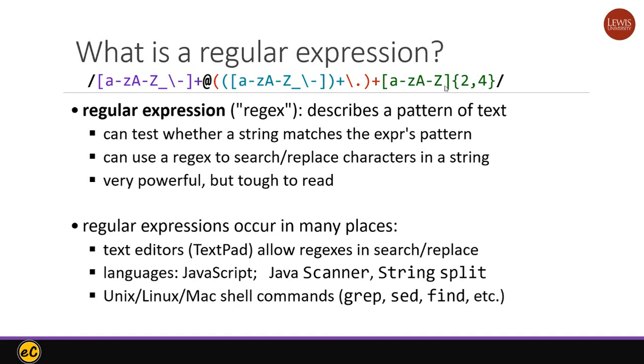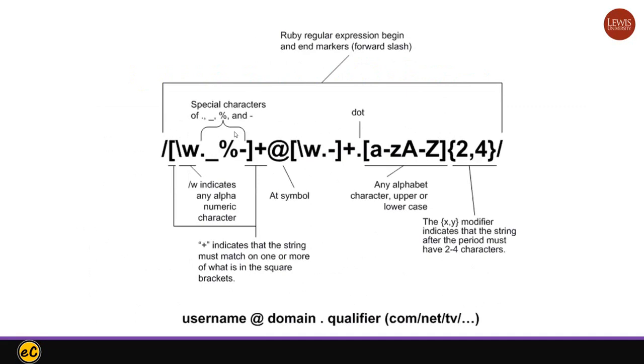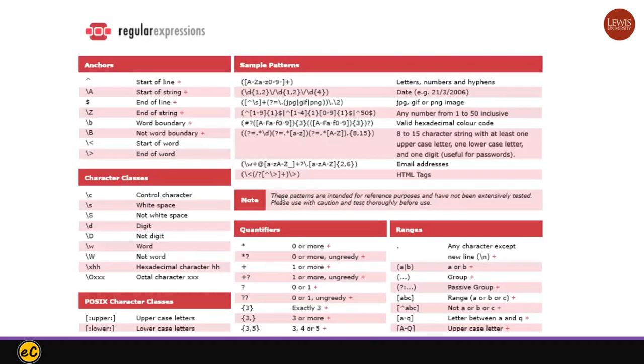Okay, a 2 to 4 letter extension, so CO, CA, GOV, EDU. This is the regular expression for that. So that is for email, the username at the domain qualifier. So this is the grammar for regular expression.